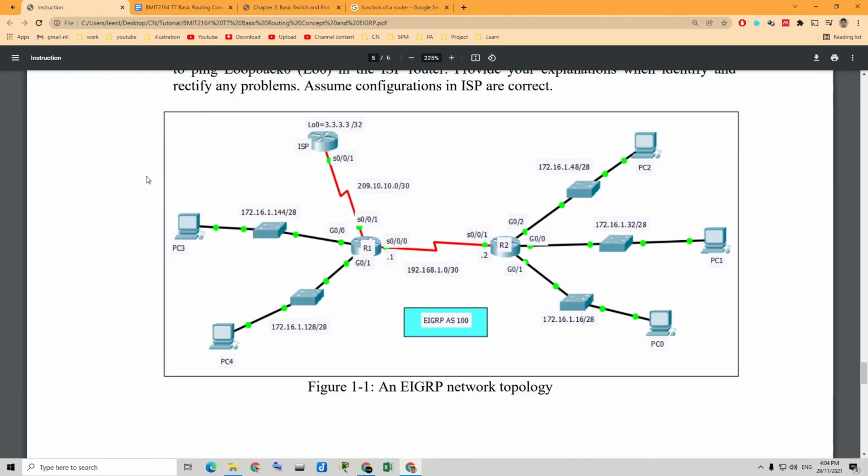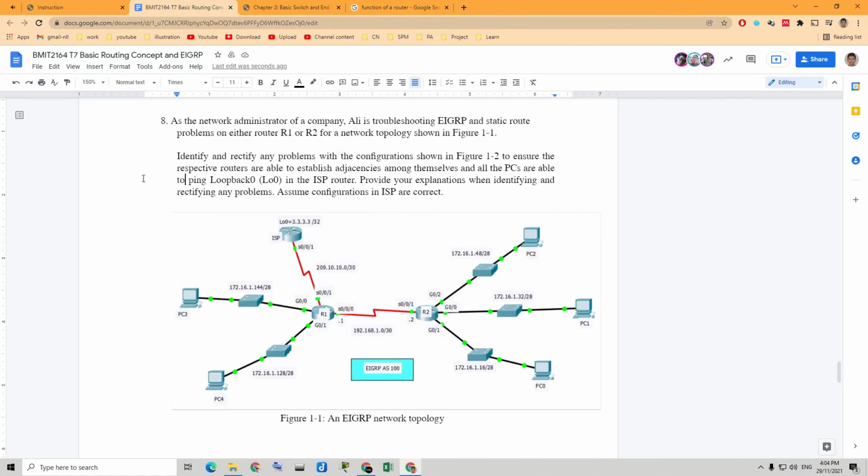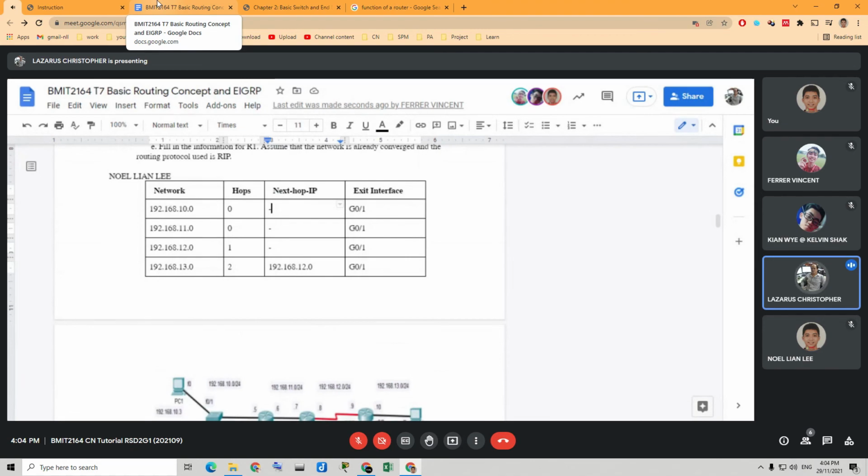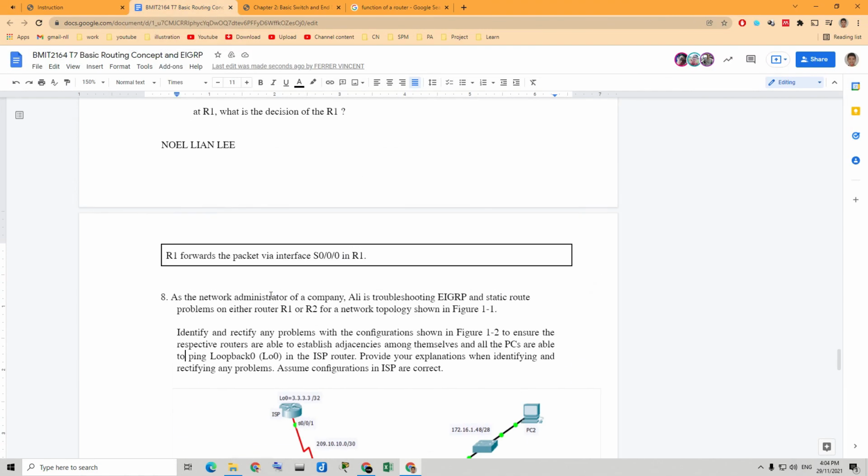R1 is here, so 192.168.10 is the one on the left. Hops is 0, because it's directly connected already. For the next hop IP you cannot put a dash; you should put directly connected.